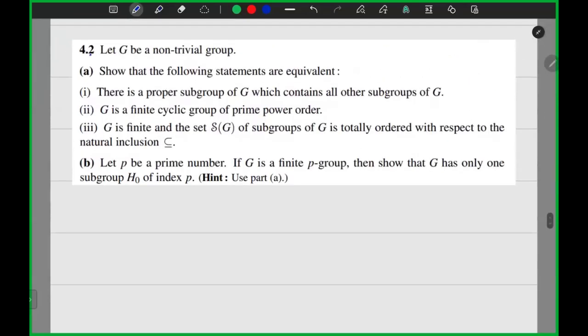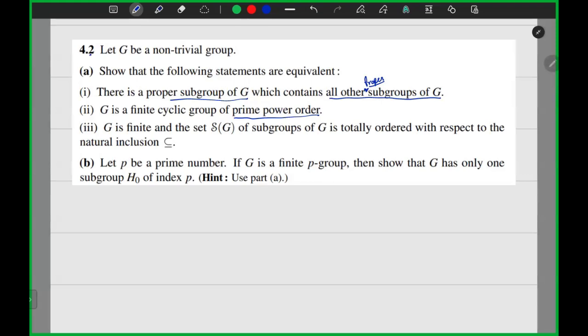G is a non-trivial group, and we have to show the following are equivalent. One: there is a proper subgroup of G which contains all other proper subgroups of G. Three: G is a finite cyclic group of prime power order.